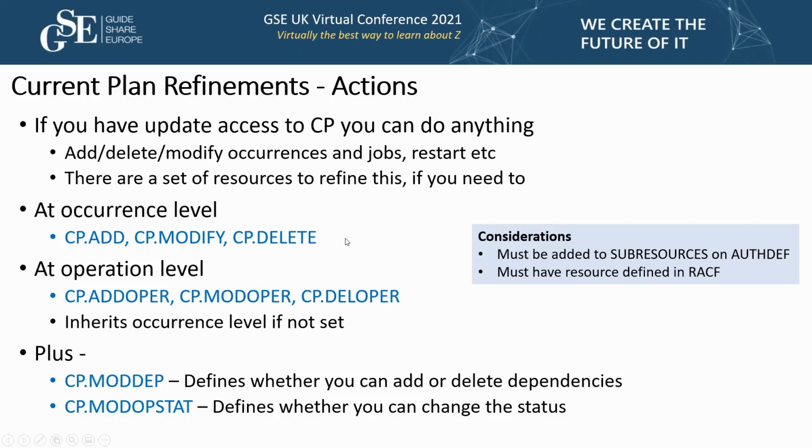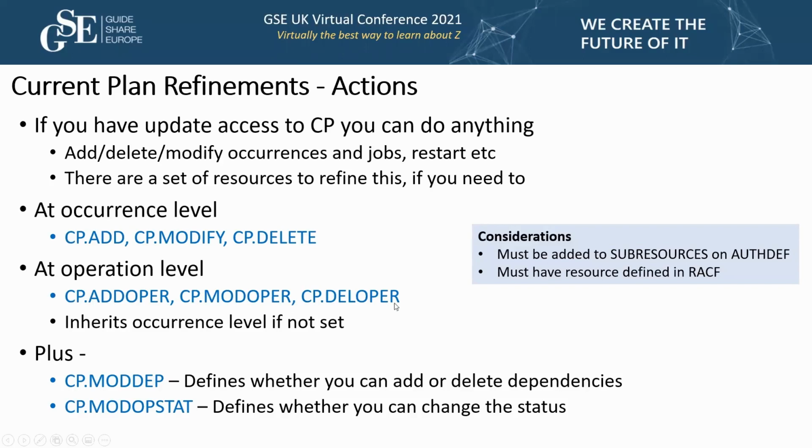And then if you know IZWS, it works at two levels, occurrence level and operation level. And so we can define those same actions at operation level. So you may be able to modify an application, an occurrence on the plan, but can you add operations within it, modify operations within it, or delete operations within it?